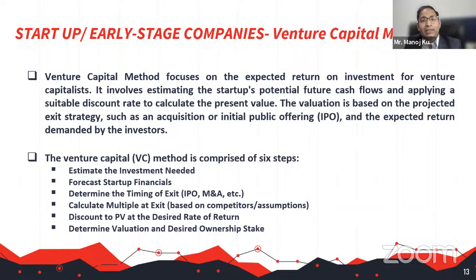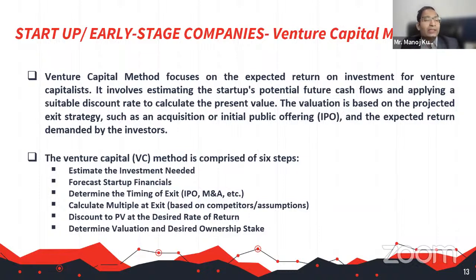That is considered as the fair valuation of the company, and that valuation is taken back to the present value by discounting at various rates to determine the fair value. So let's say a venture capitalist is putting 100 crore in a startup today, and they expect that after 3 years there will be an IPO where they will exit.